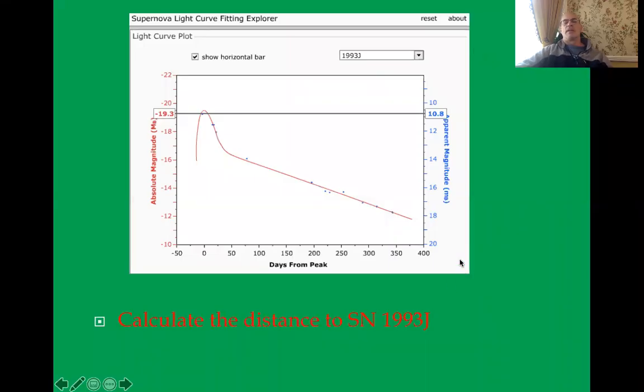Let me give you another example. If we do supernova 1993J, this comes from the same thing that we were just looking at. And what you can do is go ahead and use the equation to solve. Remember the magnitude distance formula.